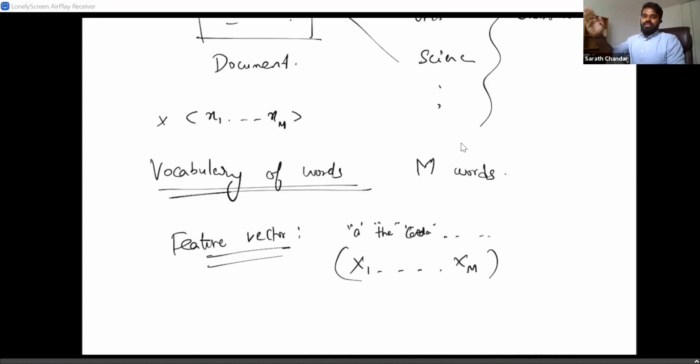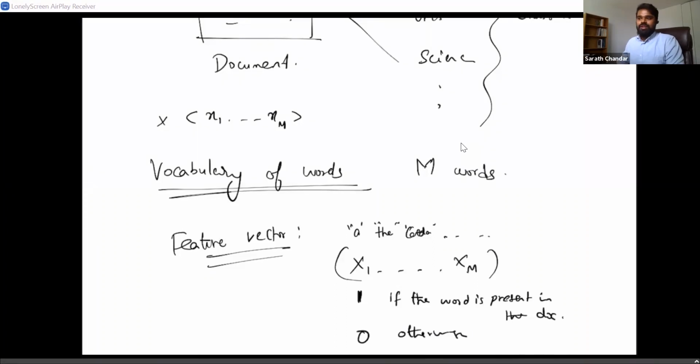So I have all the words. I'm going to put 1 here if the word is present in the document, and 0 if it is not present in the document. Is that clear?